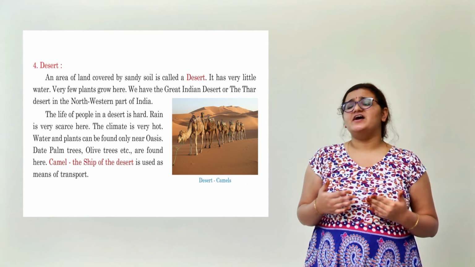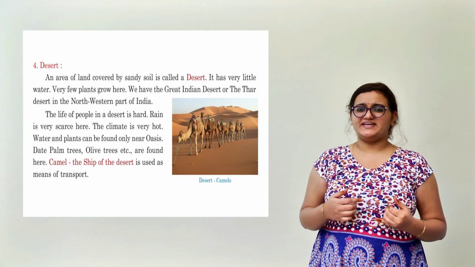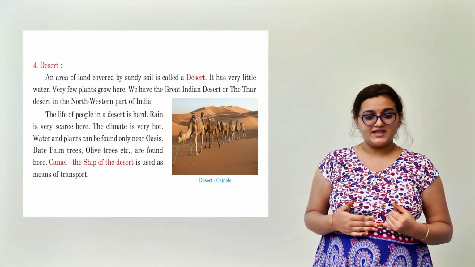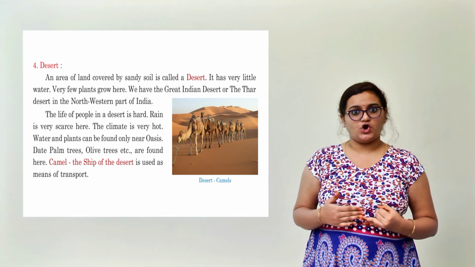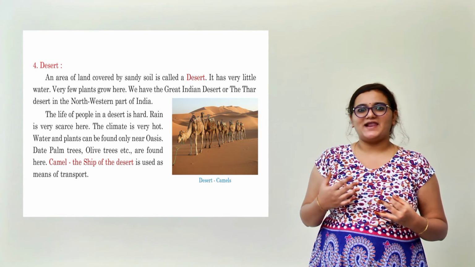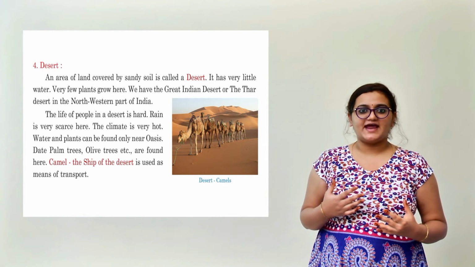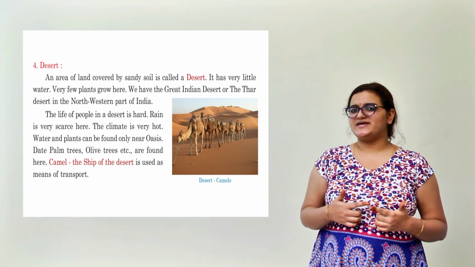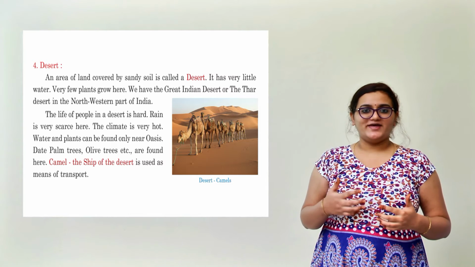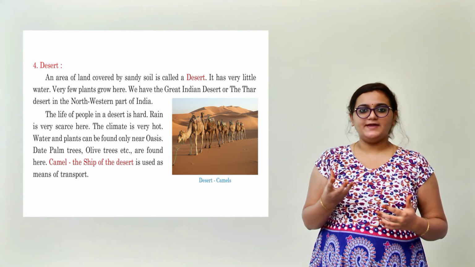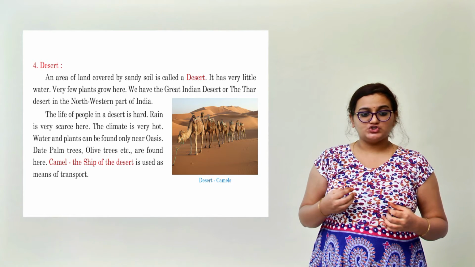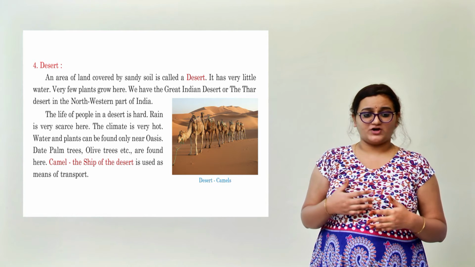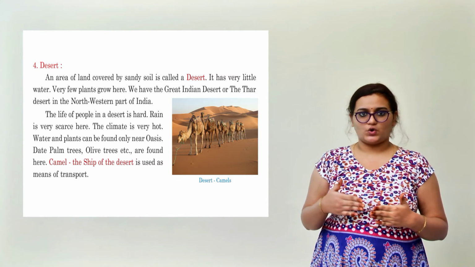So here you have scarce rainfall, very low rainfall, and the climate is very hot. Now the plants don't grow much here and even if they grow, it is near the oasis. What is an oasis? An oasis is a small water body present in a desert. So plants and water are only found near this oasis.